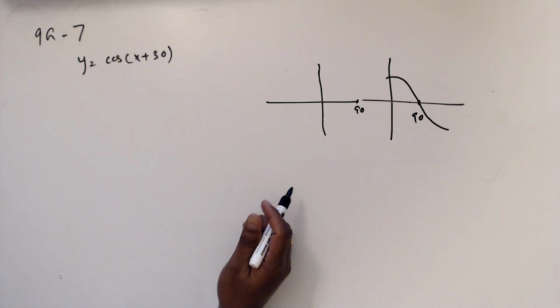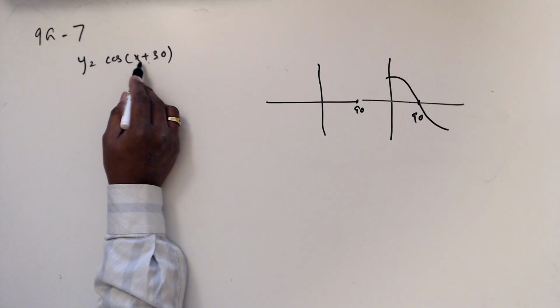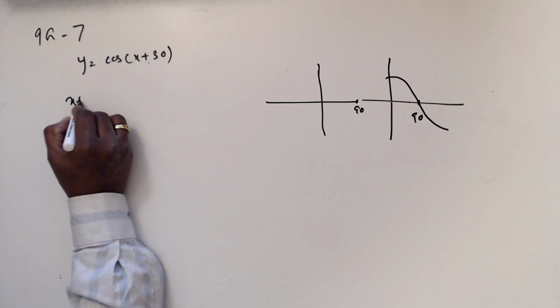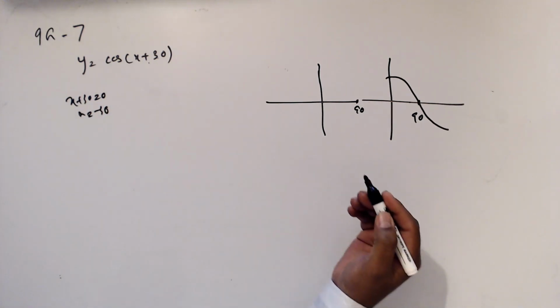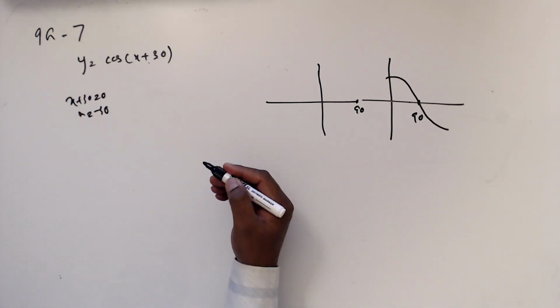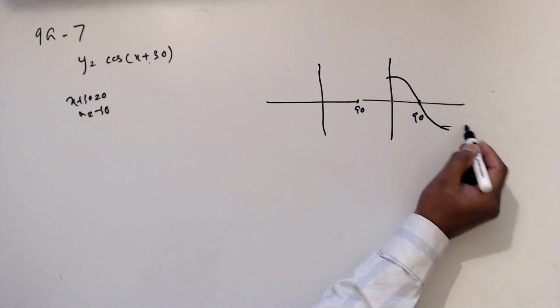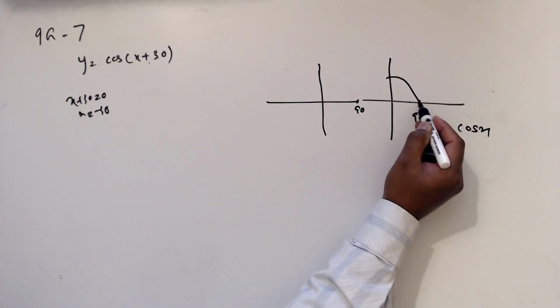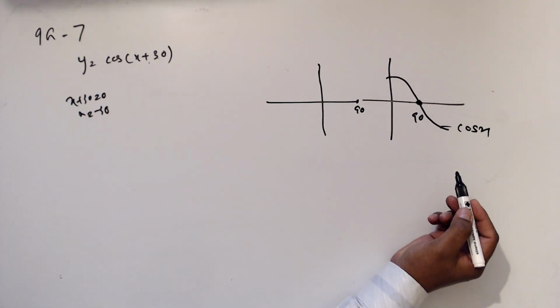Question number 7. y equals cos(x + 30). It means for the cos graph, x plus 30 equals 0, x equals minus 30. You want to shift 30 to the left. In the cos x graph, it is crossing this point at 90.